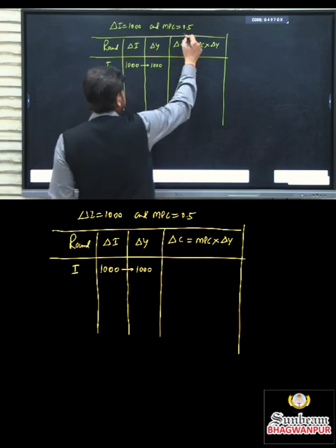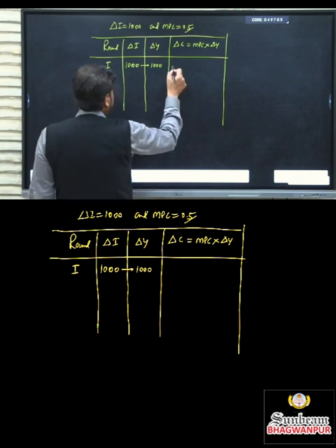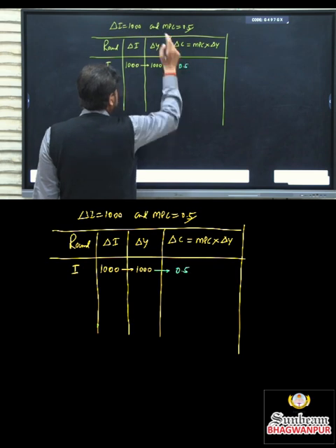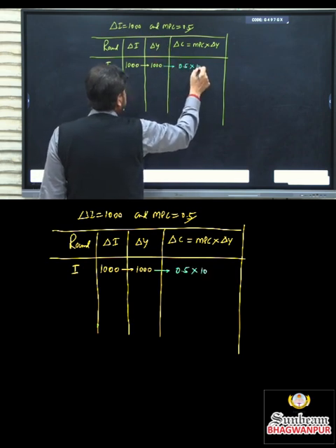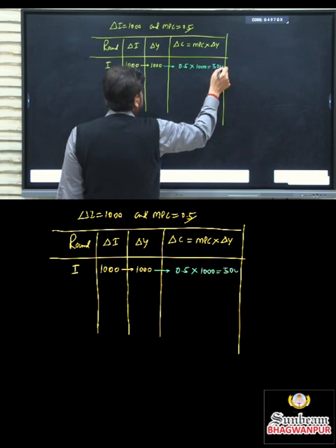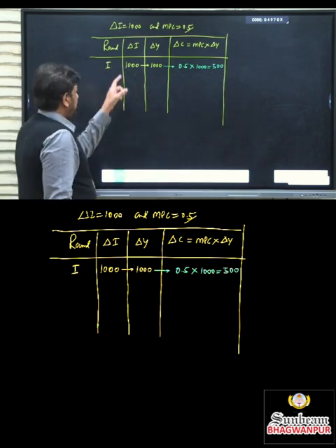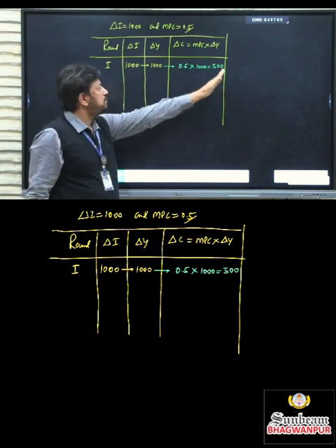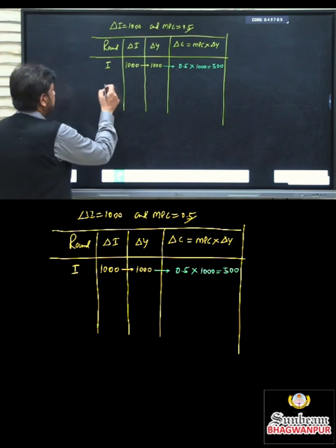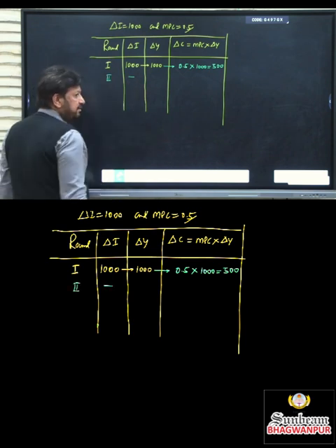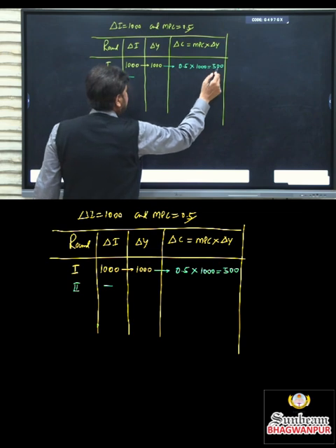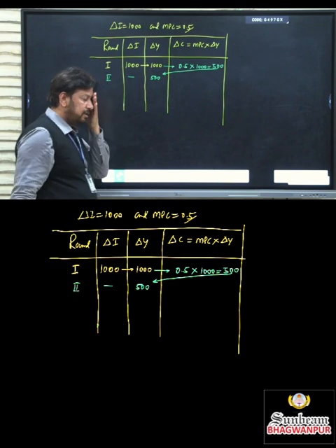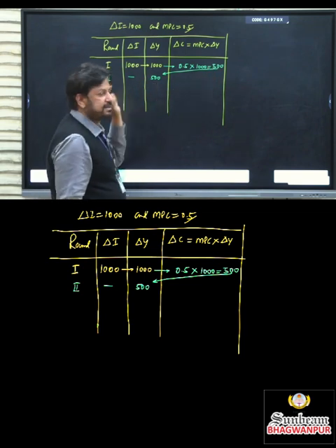Now what is MPC? 0.5, showing that because of this rise in income, there will be a rise in consumption, but because MPC is 0.5, 0.5 into 1000 is equal to 500. When there is an increase in investment, there is an increase in income. Increase in income leads to an increase in consumption. Second round, no change in investment. Now this particular rise in consumption will be the income of someone else. Rise in consumption leads to a rise in income.